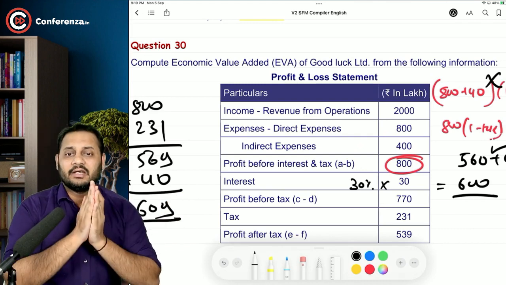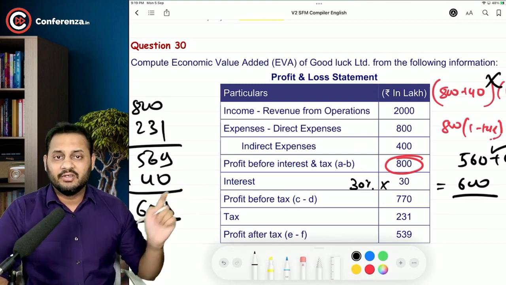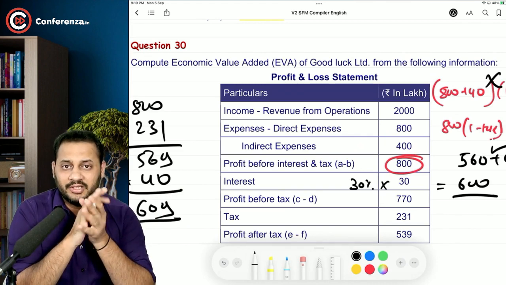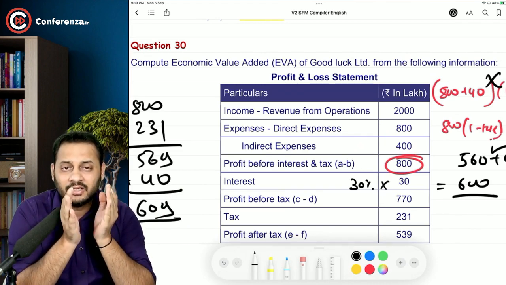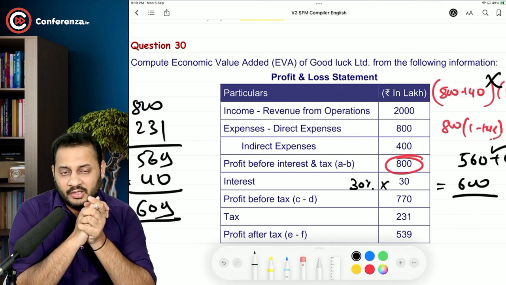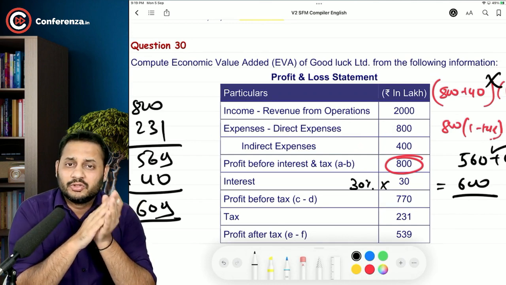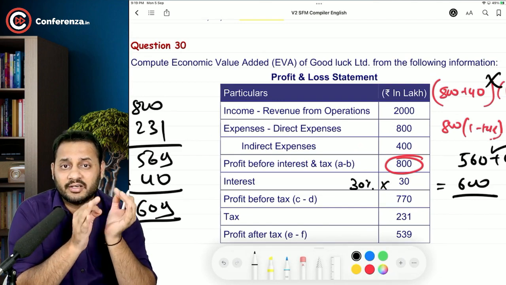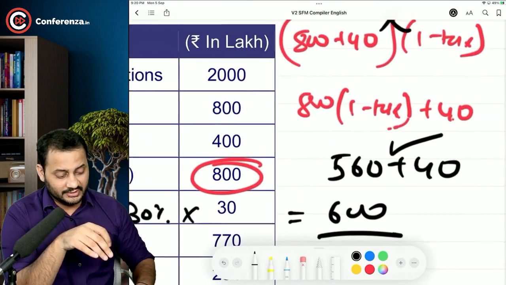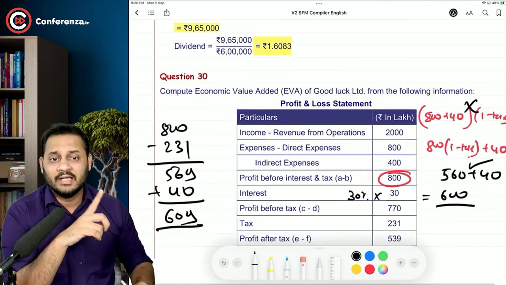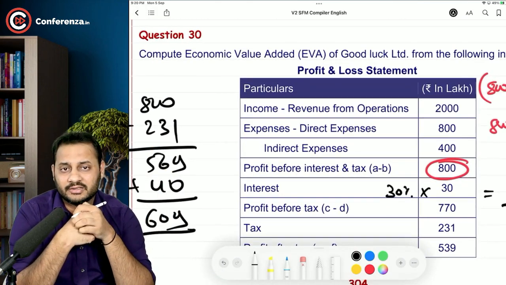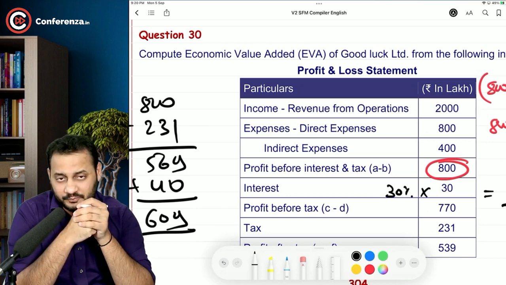But please understand, the tax saving on interest is only for the equity shareholder. It should not be applicable while calculating the economic value added. In the coming questions also, in all the other questions except for this, institute has made the correct treatment of doing this EBIT 1 minus tax, and in this question only they have deducted this 231 of the real tax, which is wrong.